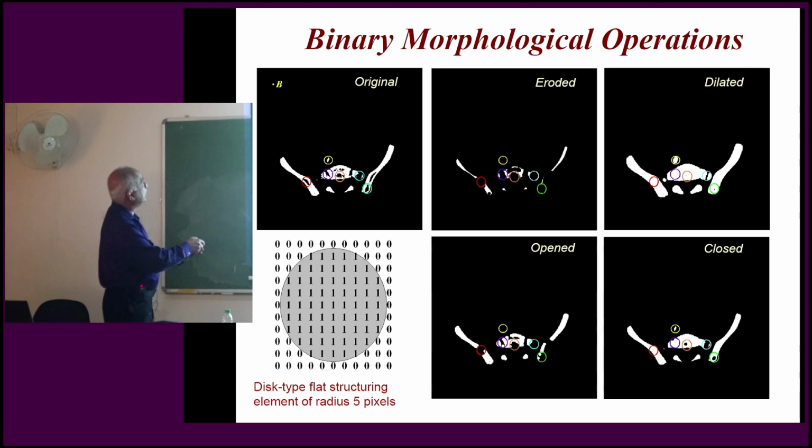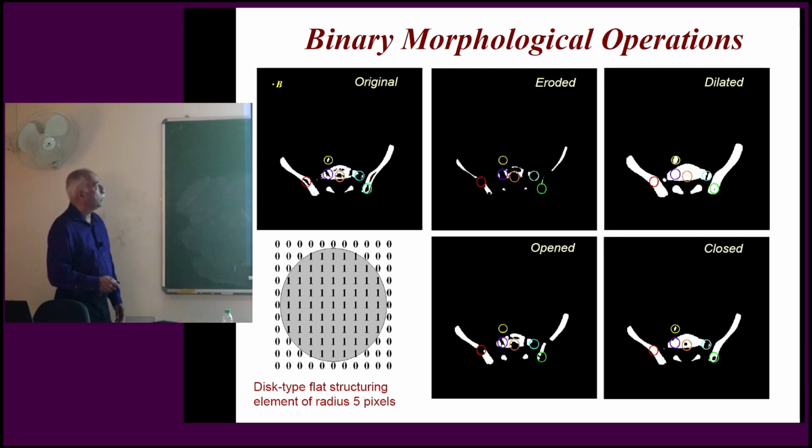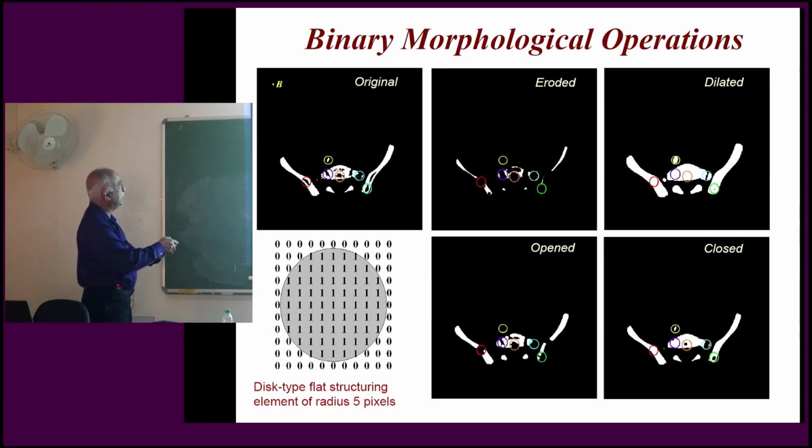So this is the structuring element in the scale of the whole image. It's small, that little circle. It is a disk of radius pi pixels, but this image is much bigger. That little yellow disk is that disk in relation to the size of the image.